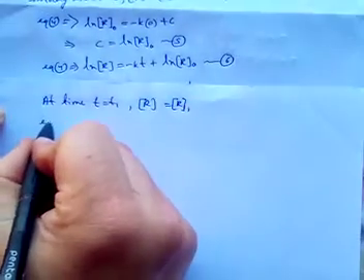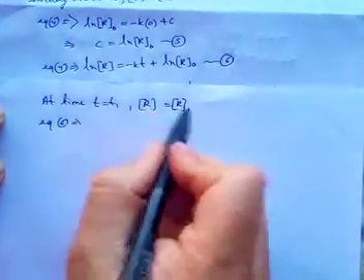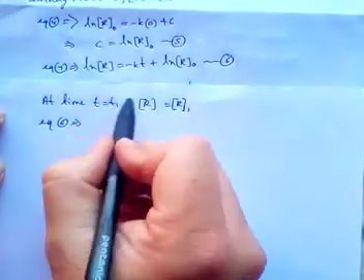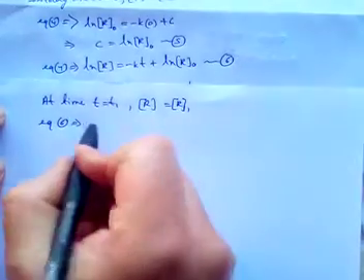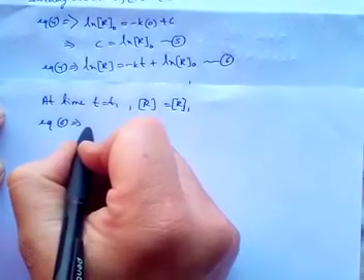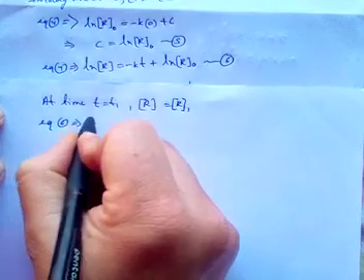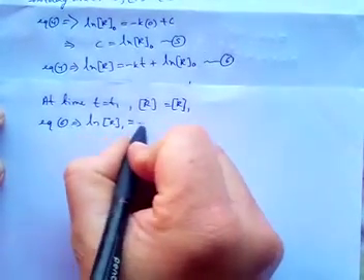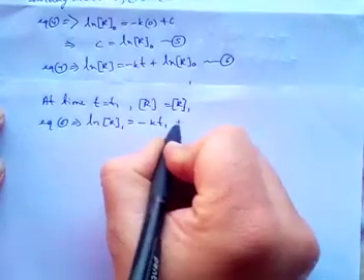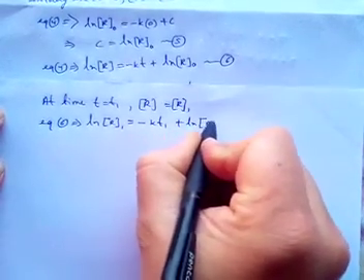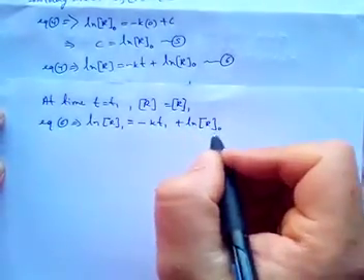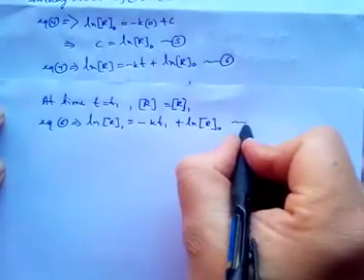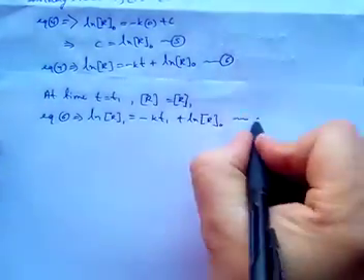Then equation 6 implies we replace t with t1 and r with r1. So ln r1 equals minus kt1 plus ln r0. This is equation 9.